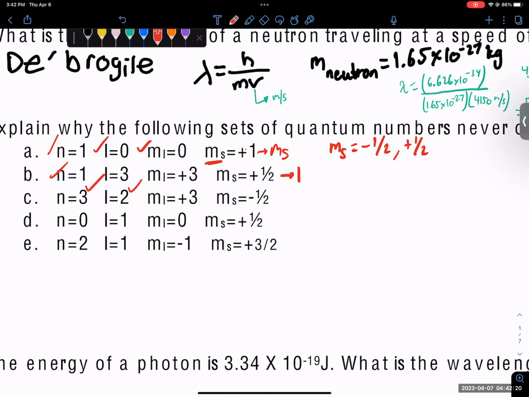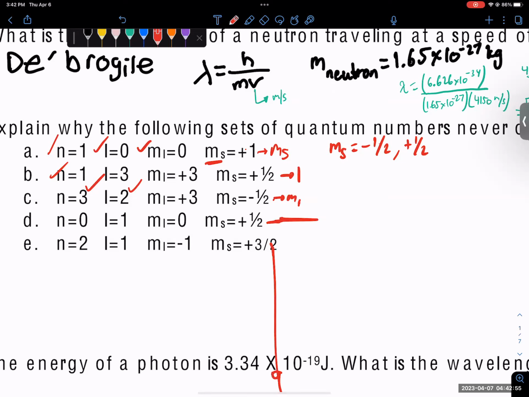Why not? m sub l is larger than +2, because the maximum it can go is from -l to +l, which is +2, and 3 is greater than 2. So m sub l is the problem here.